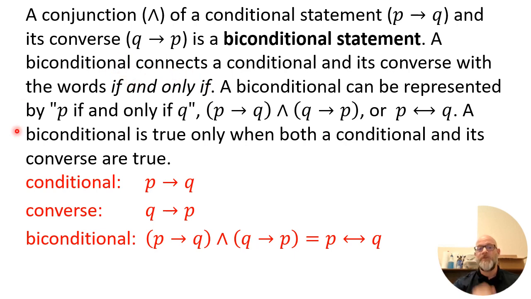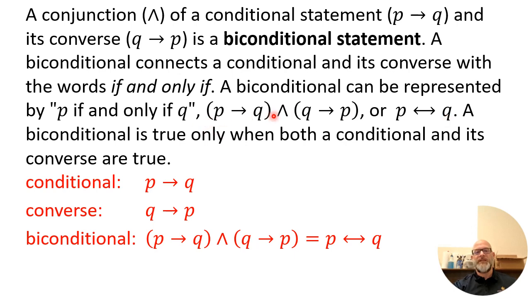A biconditional can be represented by P, if and only if Q. This is read P, if and only if Q. Now, your textbook isn't using that symbol yet, but that's how everybody reads it. P, if and only if Q.